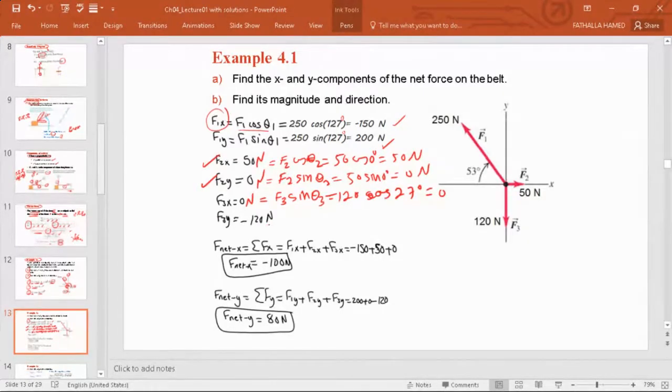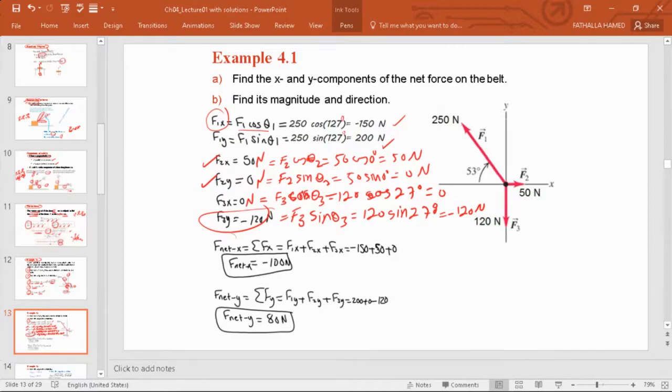And F3y equals F3 sine theta 3, which is 120 sine 270 degrees, and that will give you minus 120 newtons. So now you have all the x and y components for all the three forces that you have here.